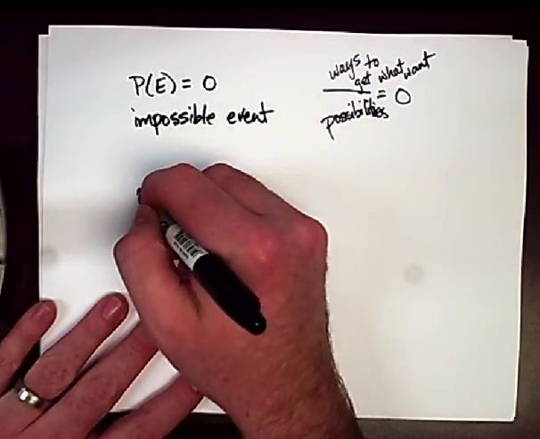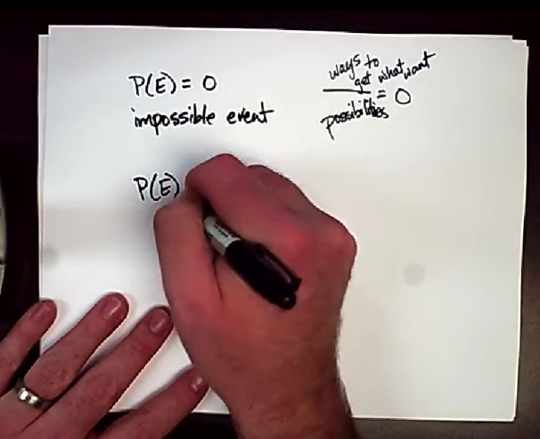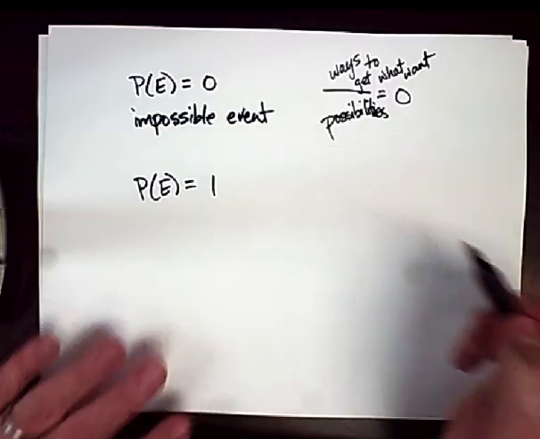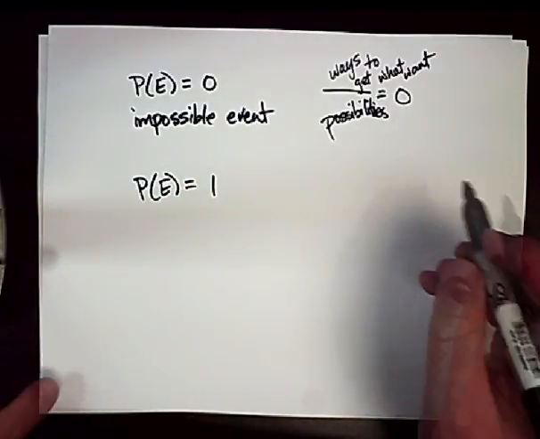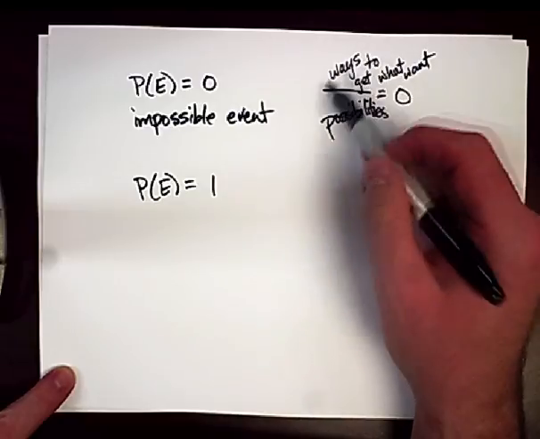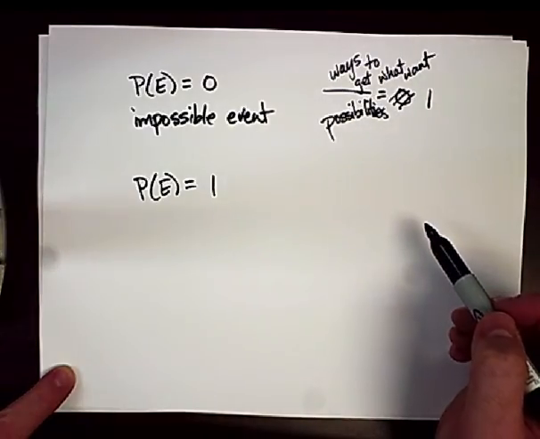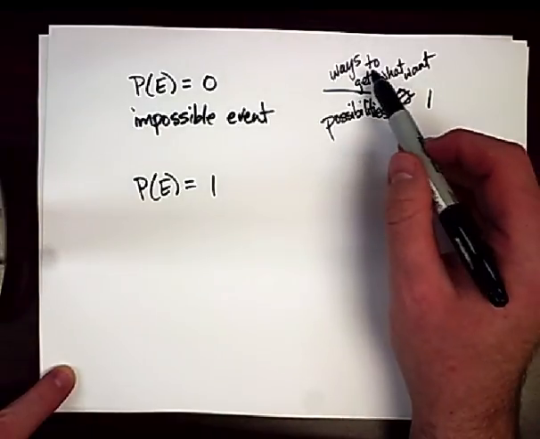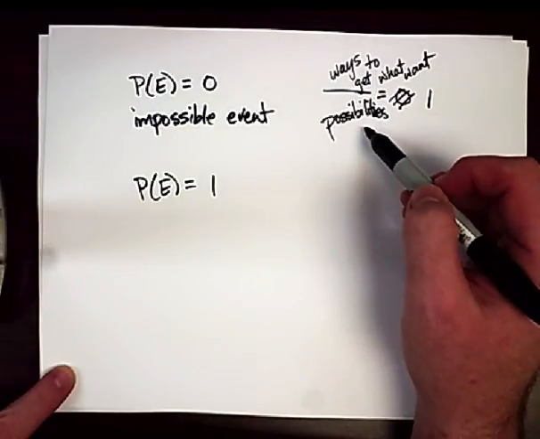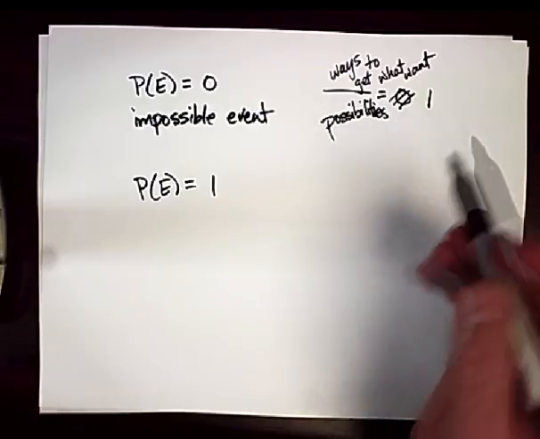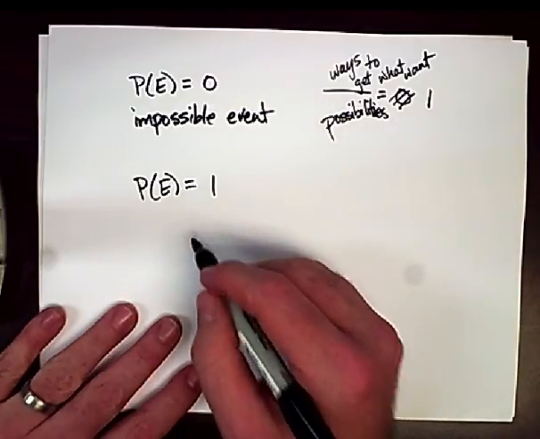Okay, what if the probability of an event was 1? Well, look back at this fraction. If that were to equal 1 instead, then ways to get what you want would have to be the same as the possibilities. So that's a case of an event that must happen.